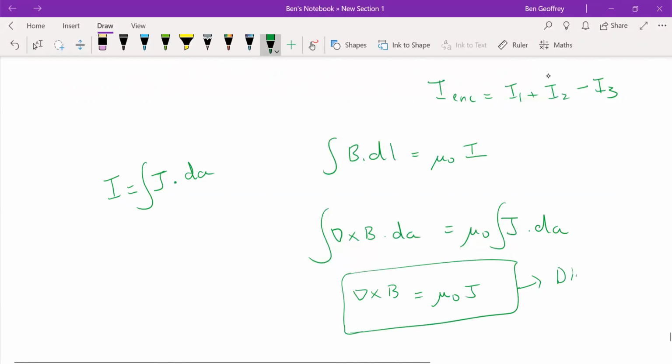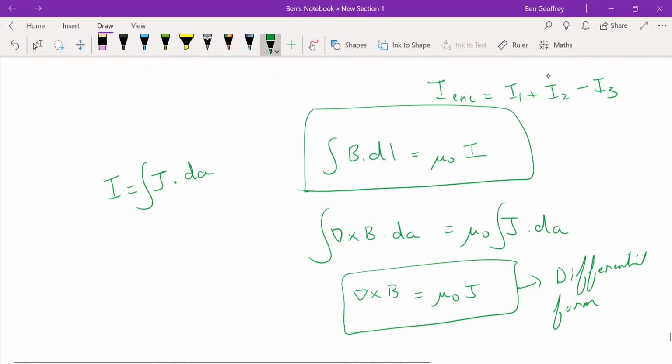This is the differential form, and this is your integral form. So remember this J is your current density.